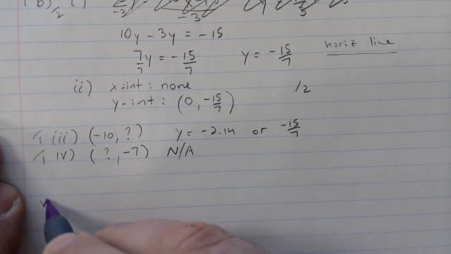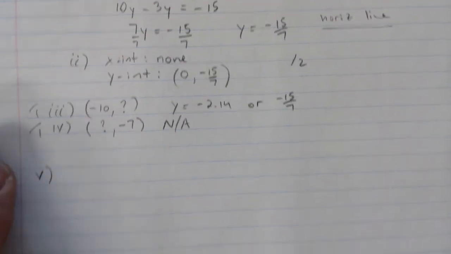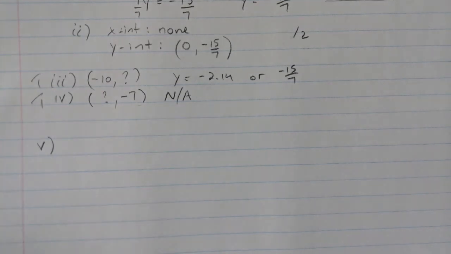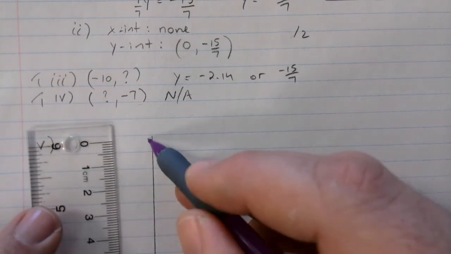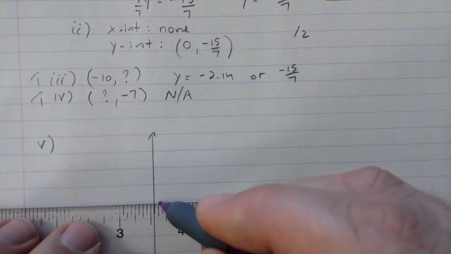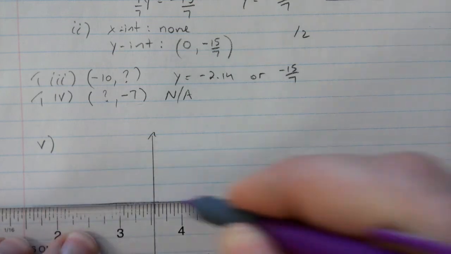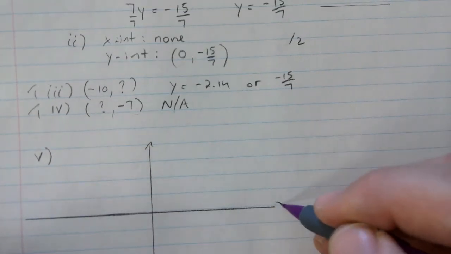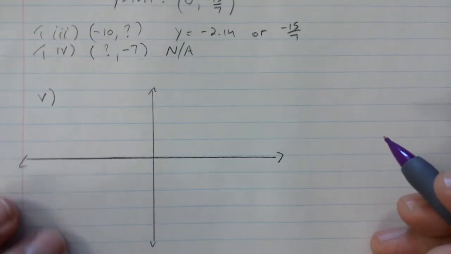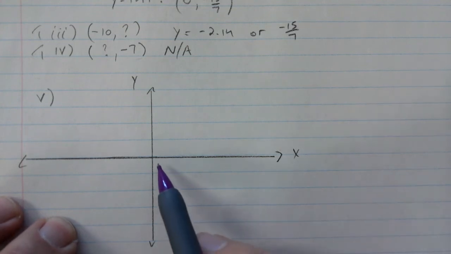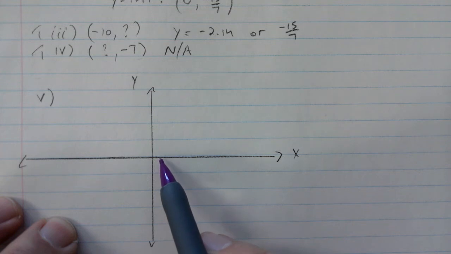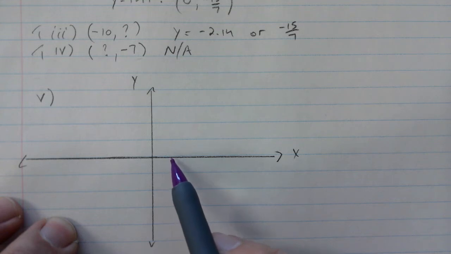Now we're going to do V, which is the graph. My graph now looks different than what I had on my original key, and that's fine. I'm looking for a scale. I'm looking at my intercepts, x, y. I'm looking at the top one. We had 1.2 and 6.